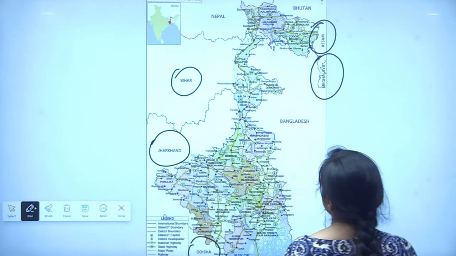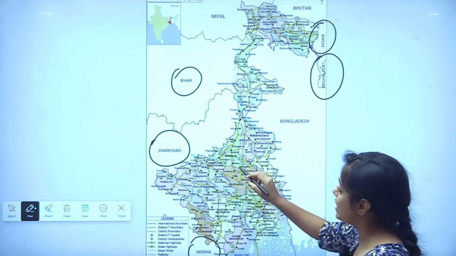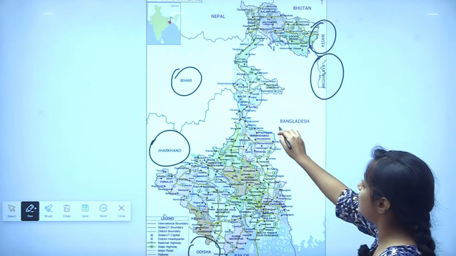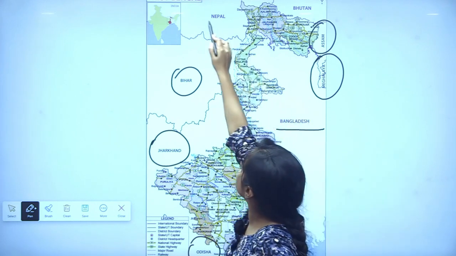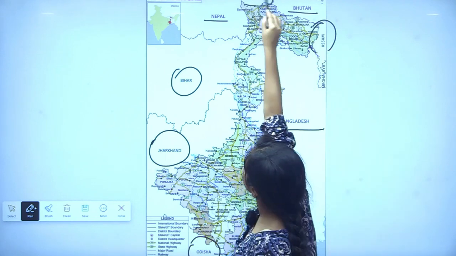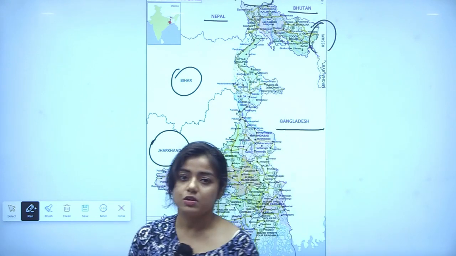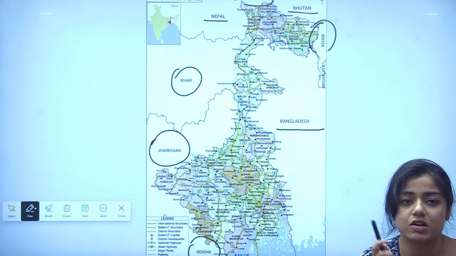So these are the neighboring states of West Bengal, and it also shares boundary with 3 international countries: Bangladesh, Nepal, and Bhutan, and Sikkim is here in the north. So we can see the neighboring states and countries here.